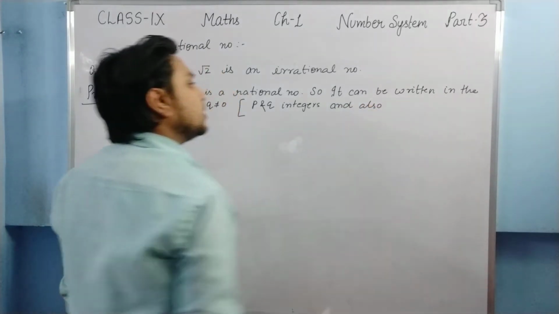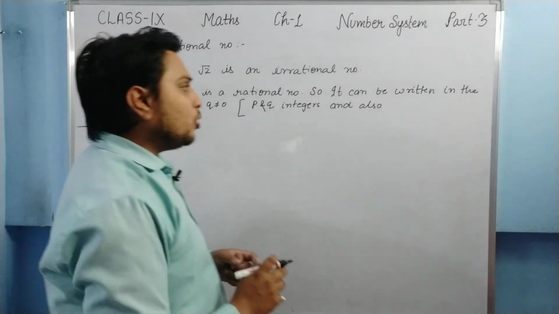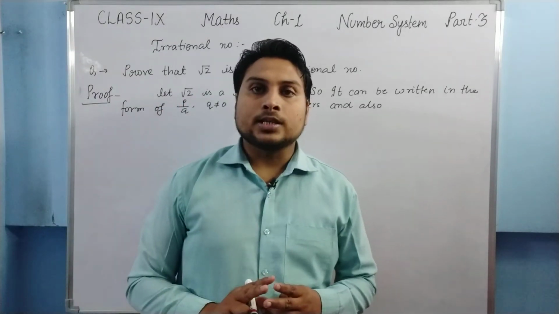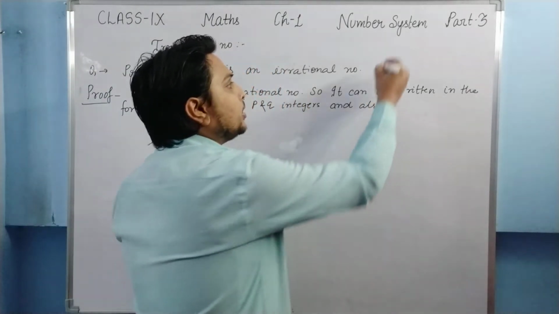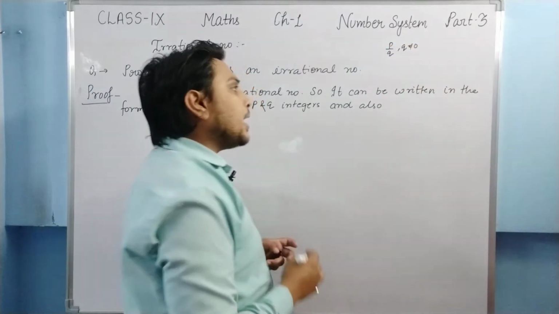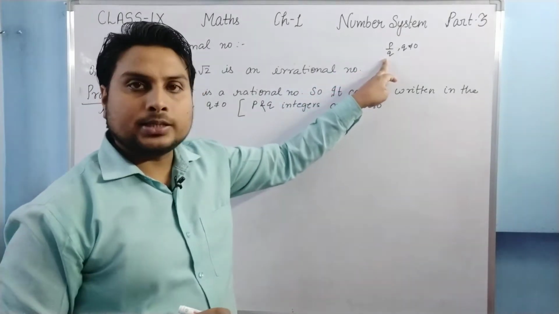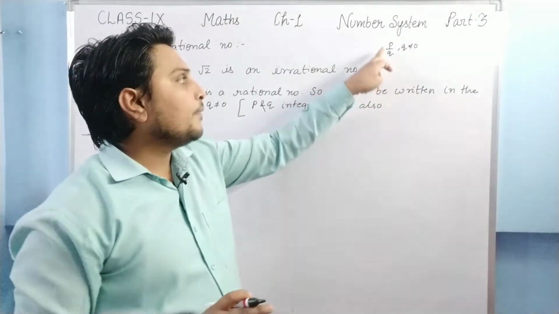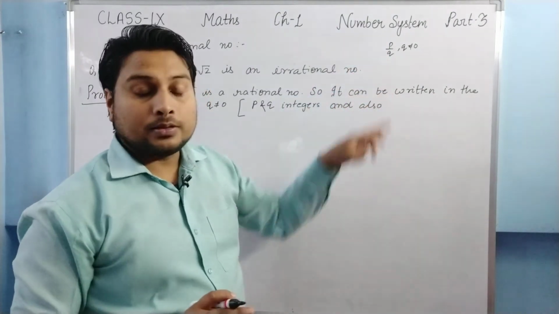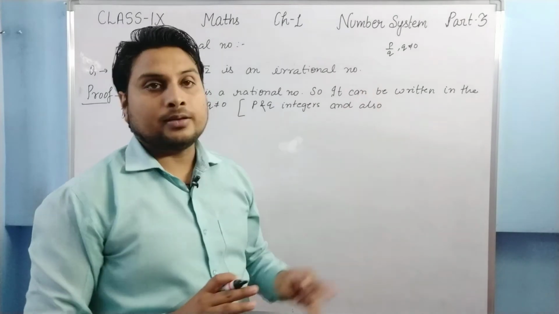also, see, in the definition of rational number, I have told you two very important points. That if a number can be written in the form of P by Q, then it is a rational number. There I have told you two important points, that P and Q should be integers, and also they are co-prime, means they can have their highest common factor as 1.